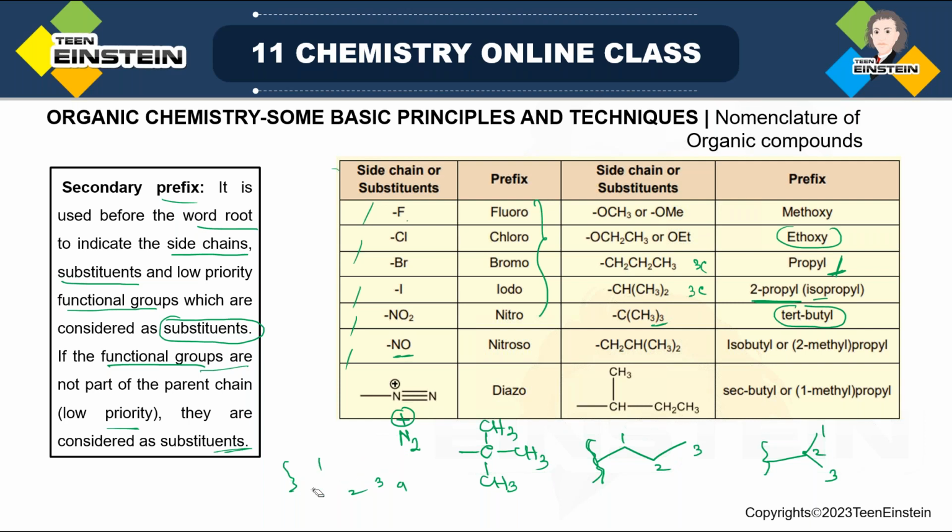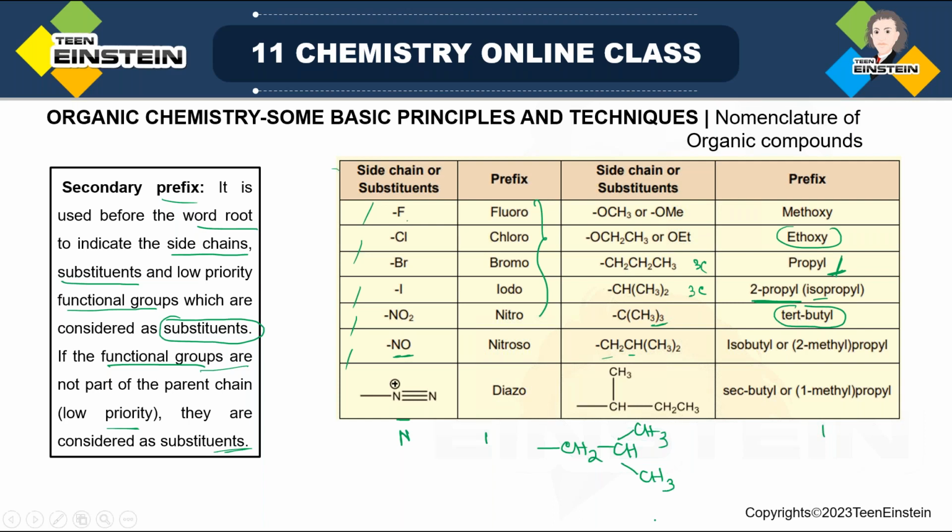Next, let me erase it. 1, 2, 3, 4. So we have now CH2, CH. The total number of carbon is again 4, right? But see, when the connection point is with a single carbon and you have 3 methyl substituents, then it is tertiary butyl.